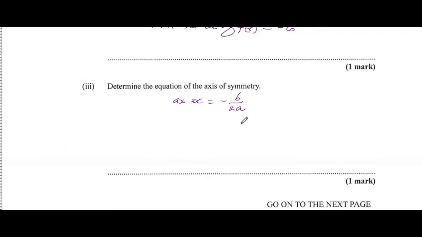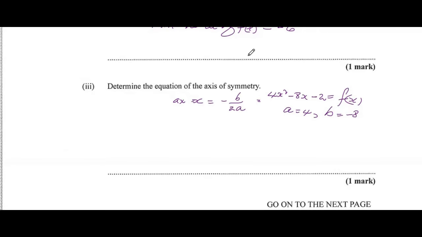And from the original expression, which was 4x squared minus 8x minus 2, this is what was equal to f of x. From this, A is equal to 4, B is equal to negative 8.